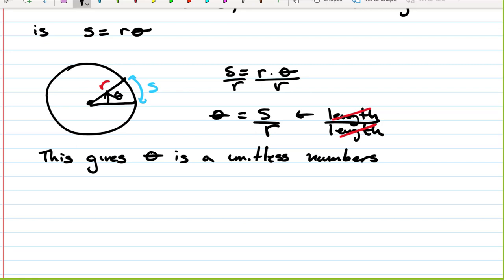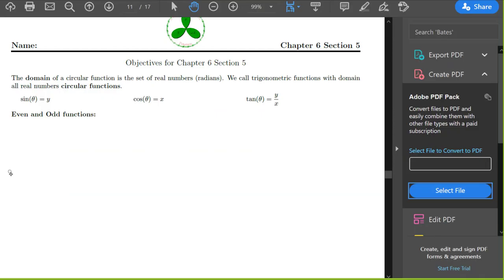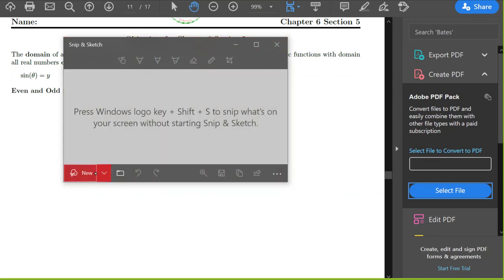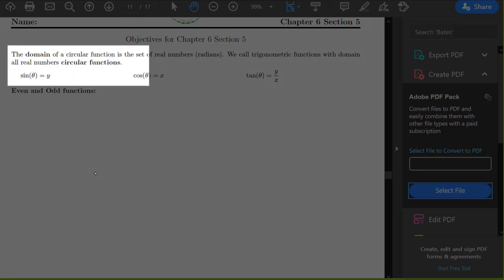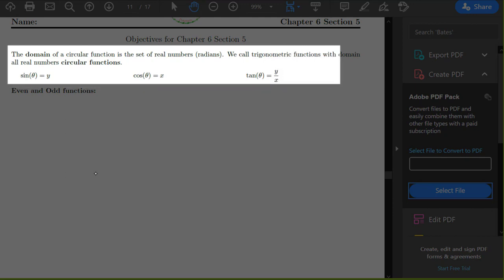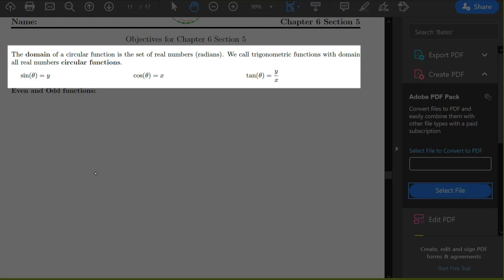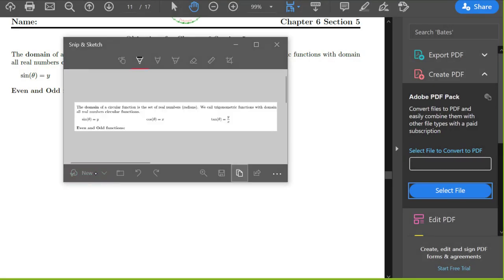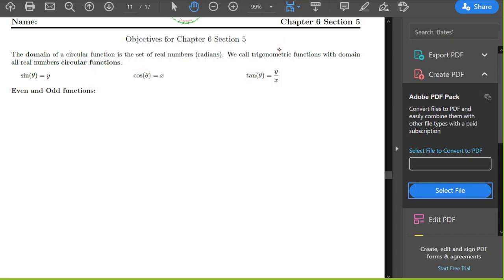So this leads into the topic for this section, which is that the domain of a circular function is the set of real numbers, radians, and we call all of our trigonometric functions with domain all real numbers circular functions.